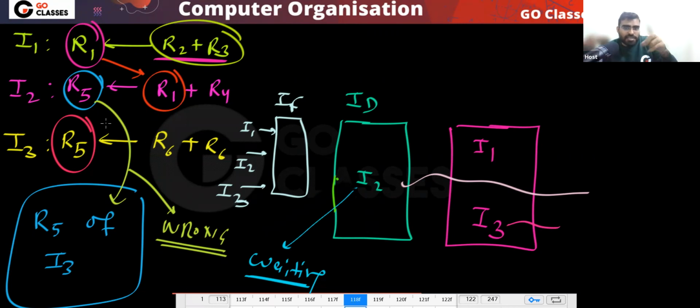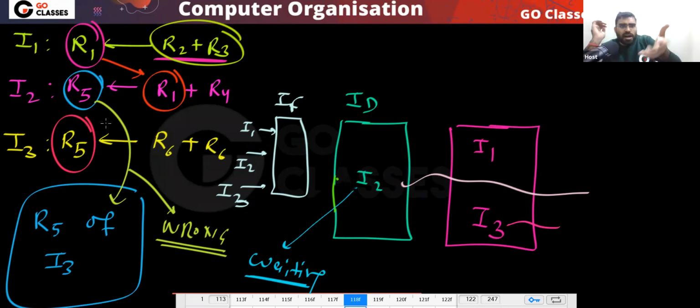But in a super-scalar system, where a lot of instructions are executing simultaneously in the same stage, many instructions are fetched in the same cycle, decoded in the same cycle, and executed in the same cycle, WAW can create a problem and WAR can create a problem.